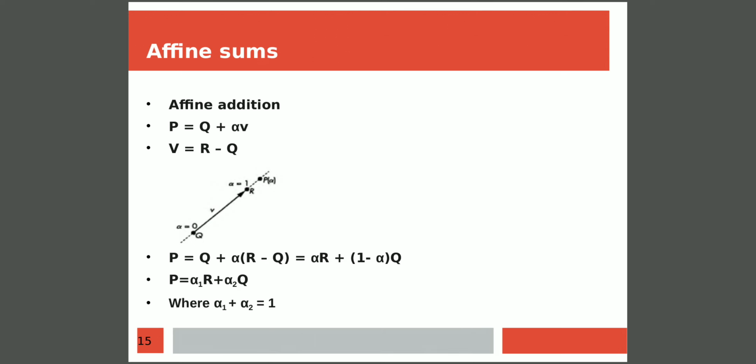When you simplify this, we get alpha r plus 1 minus alpha into q. Here we are calling alpha as alpha 1 and 1 minus alpha as alpha 2. Then the equation becomes p equals alpha 1 r plus alpha 2 q, where to satisfy this equation, we need the condition that alpha 1 plus alpha 2 should always be equal to 1. This is regarding affine addition.